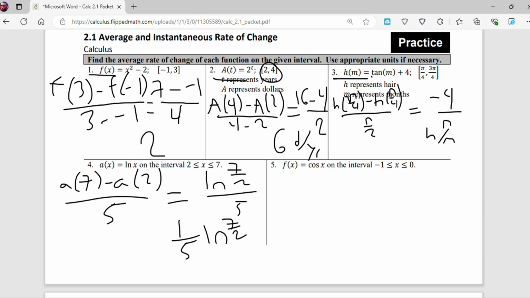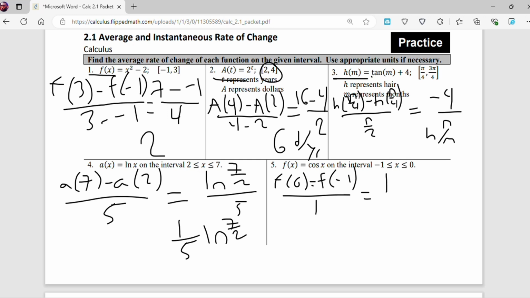Alright, and then the last one is a cosine x question. So again, it's pretty straightforward. We have f of 0 minus f of negative 1. 0 minus negative 1 is 1. Cosine of 0, you have to know your trig. Cosine of 0 is just 1.